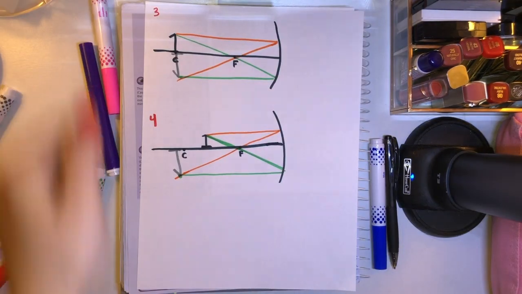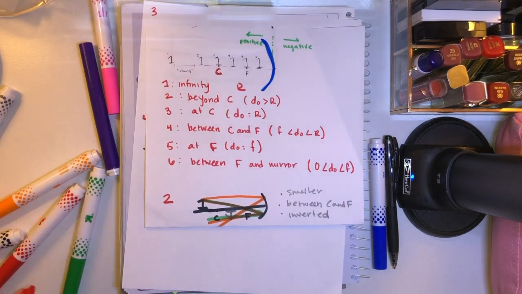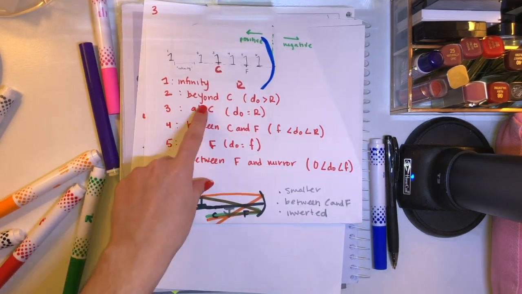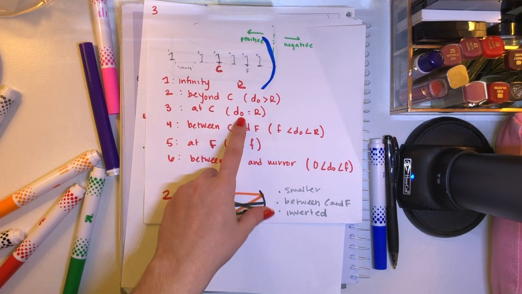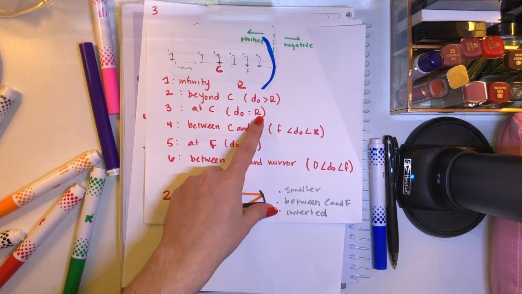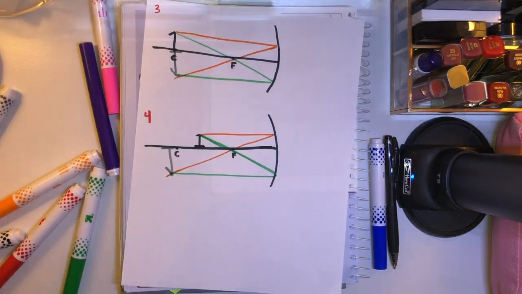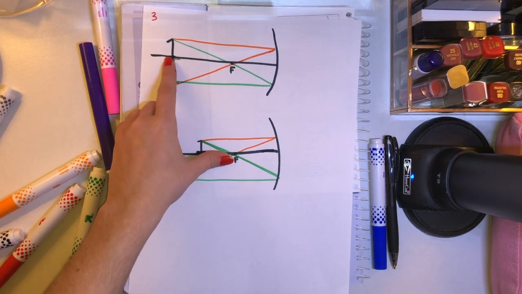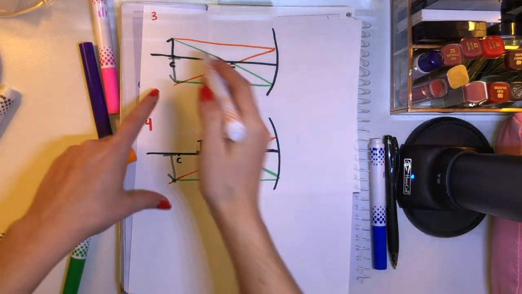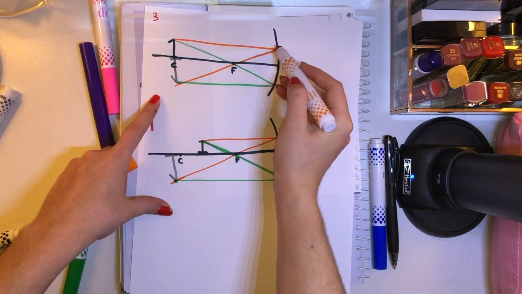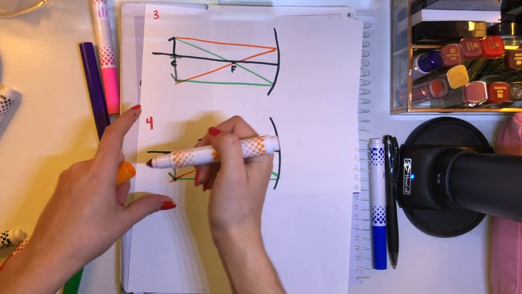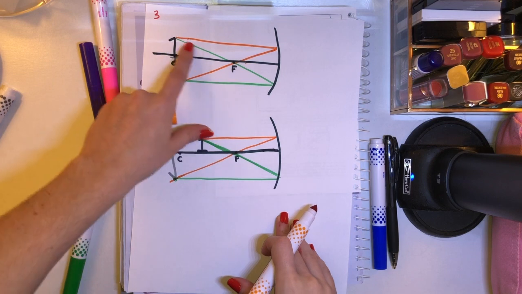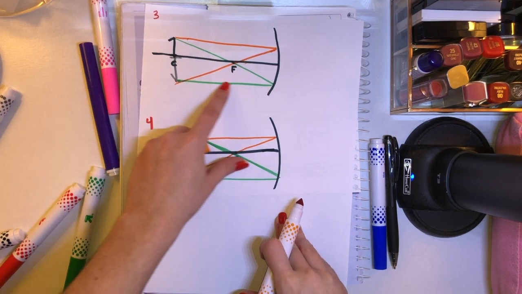Okay, so in the third case, where we have the object located at C, meaning the object distance would be equal to the radius, we have an object located at C. Take the parallel ray that goes through the focal point, and then the F ray that goes through the focal point and then parallel.